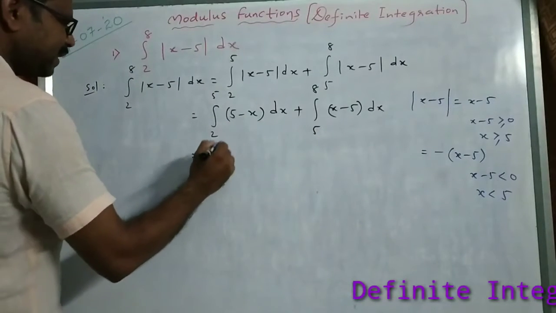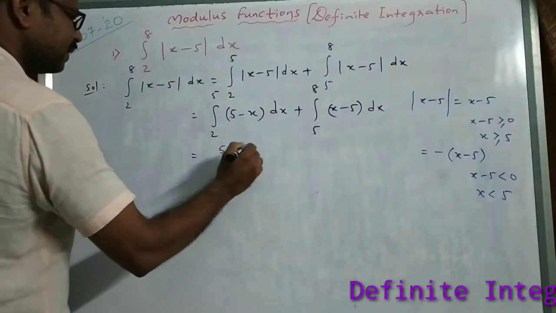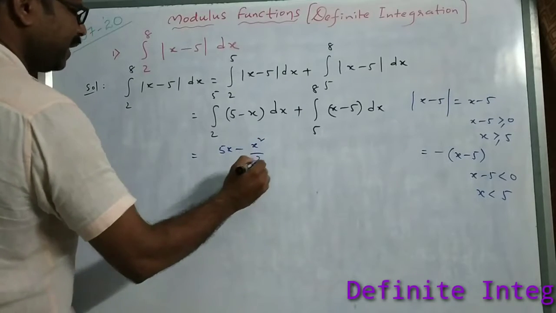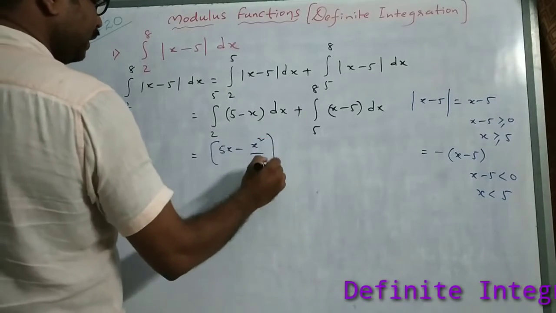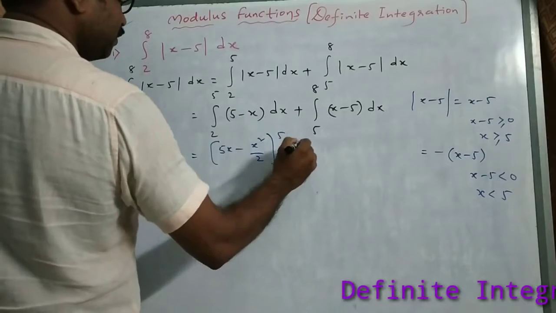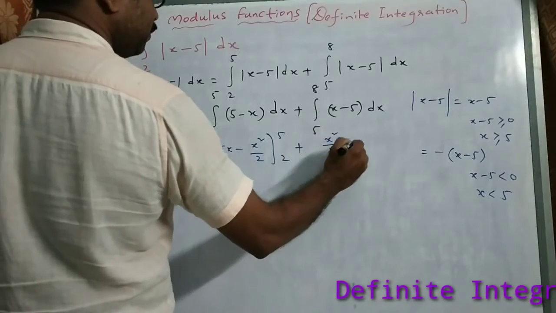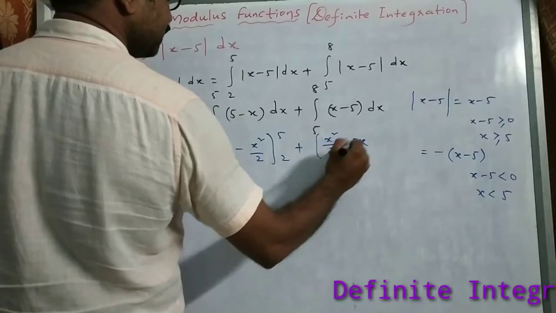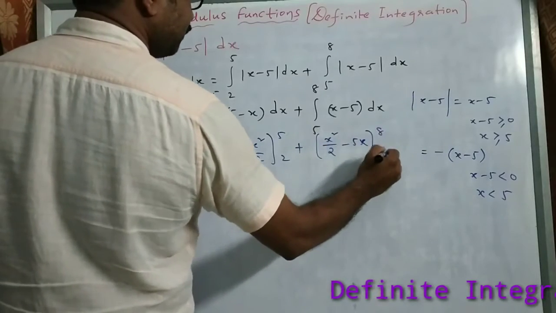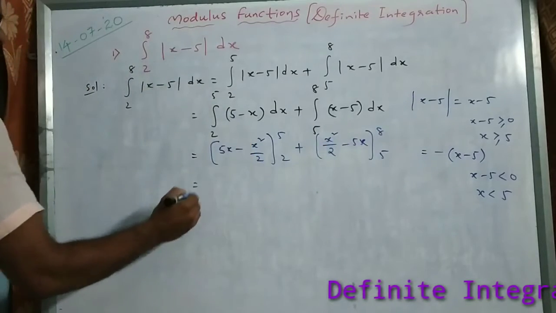So what is the integration for 5? 5x, x integration is x square by 2, limits are from 5 to 2, plus x integration is x square by 2 minus 5x, limits 8, 5. So simplify.